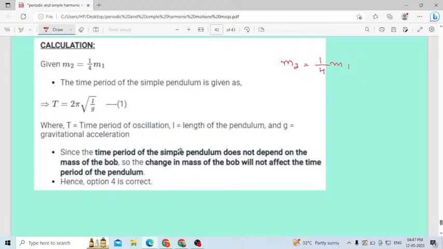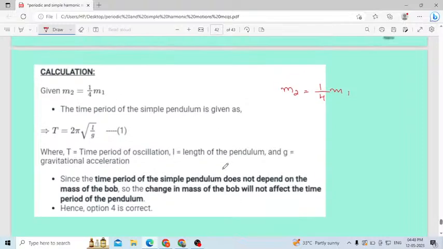Since the time period of the simple pendulum does not depend upon the mass of the bob, we don't have any m in this formula, correct? So the change in mass of the bob will not affect the time period of the pendulum.